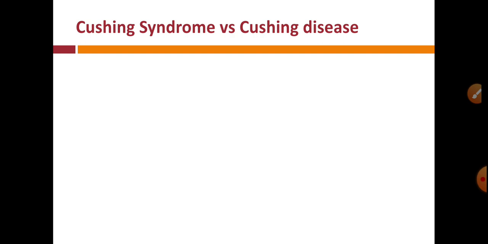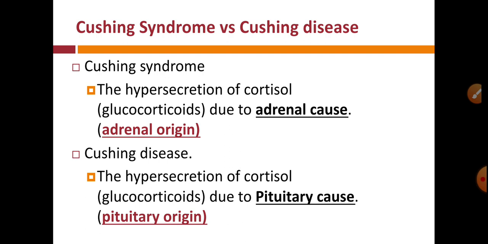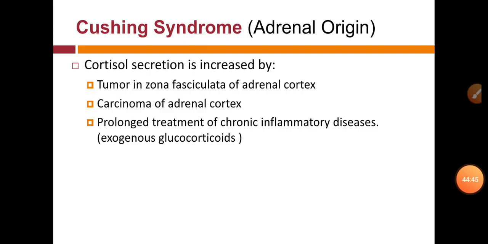After that we have seen applied physiology of adrenal cortex. In applied physiology of adrenal cortex, we have seen three terminologies. First one is Cushing's syndrome, second is Cushing disease, and third one is hyperaldosteronism.